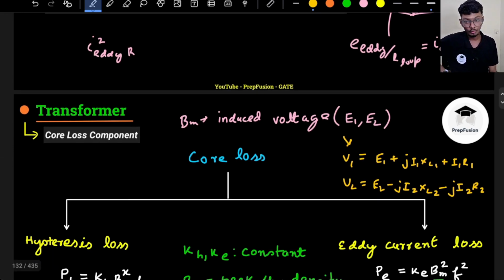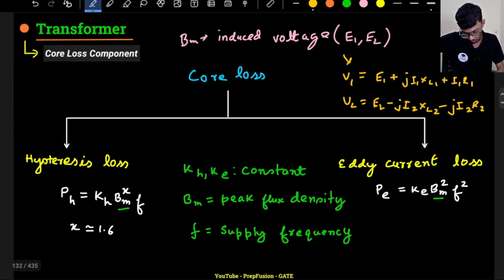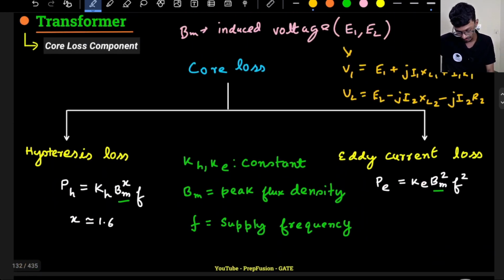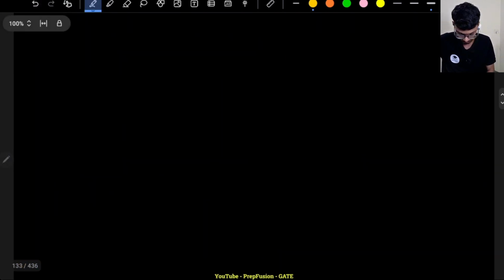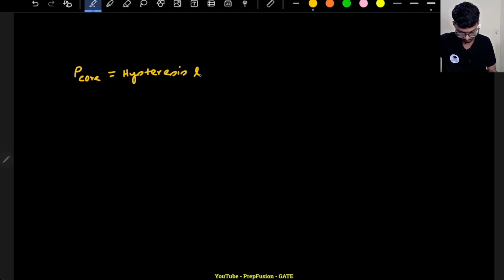That was about it. Now how do I find out the core loss? This whole thing can be written as P core. My P core will consist of the hysteresis loss plus the eddy current loss.